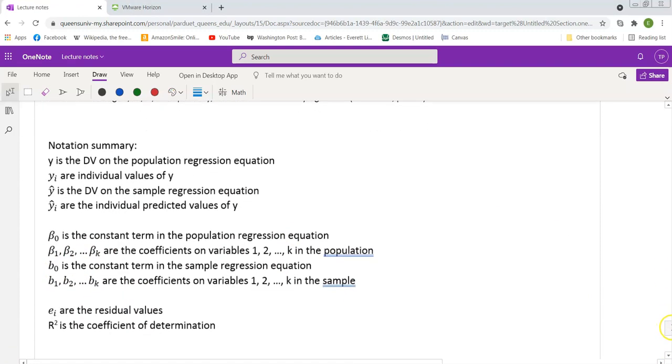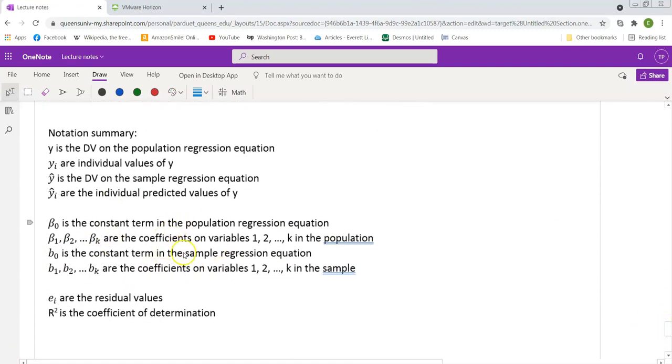So that's it for this lesson. I just wanted to leave you with a summary of some of the notation because I know there was a lot of it. We've got our population regression equation. These are the y values and then the individual y values. The first one is the y value from the equation.